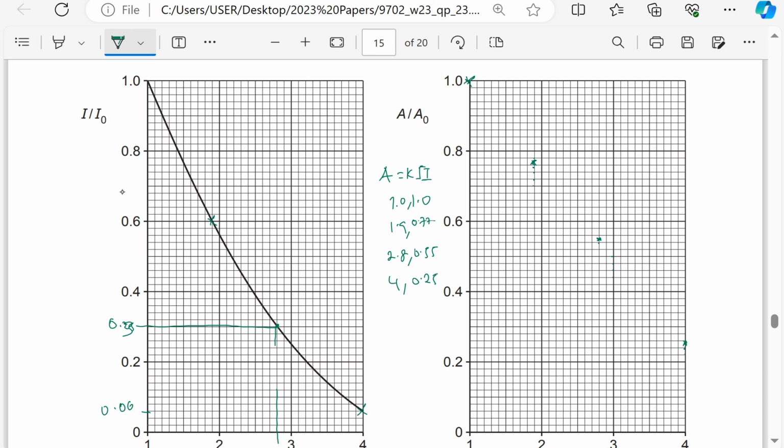So this is going to be a straight line anyway. A is directly proportional to the root of I. That is supposed to be a straight line, so it should be a straight line here. And you have to adjust this line.